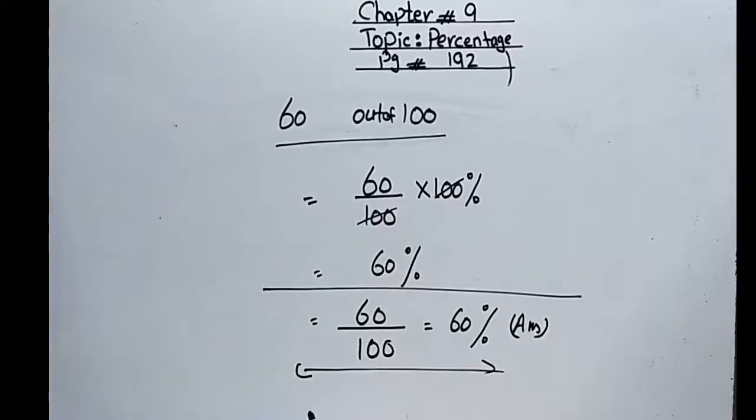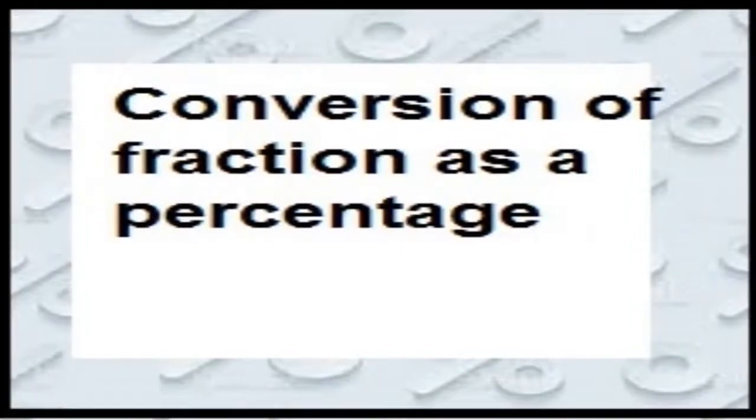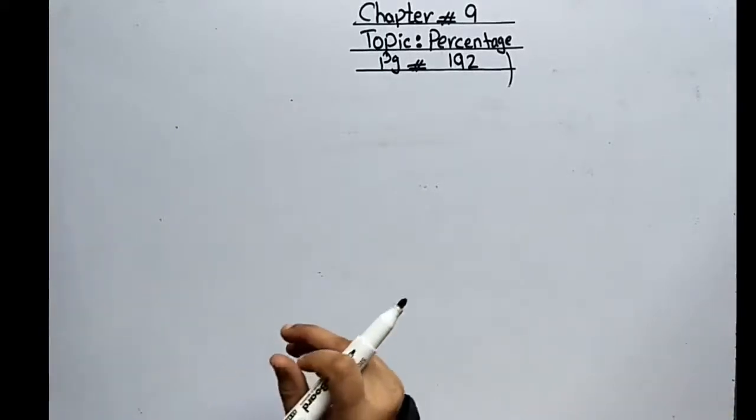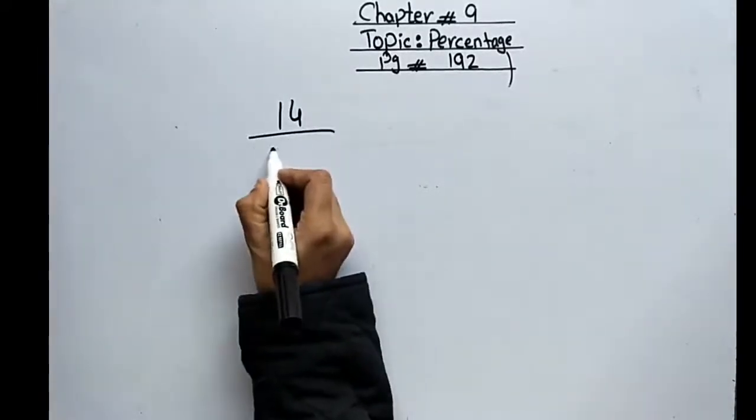Understood, beta? Now come to the third topic, which is conversion of a fraction into a percentage. That means how we can convert a fraction number into a percentage number. So let's suppose you have the number 14 divided by 100.